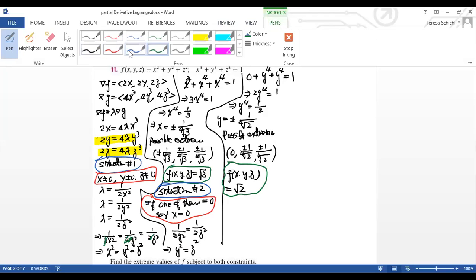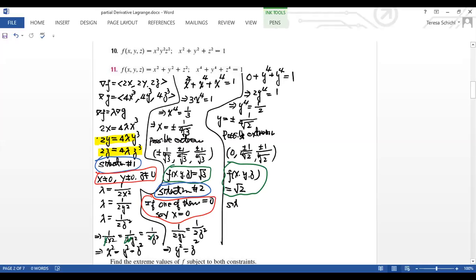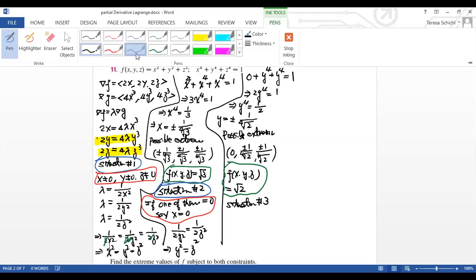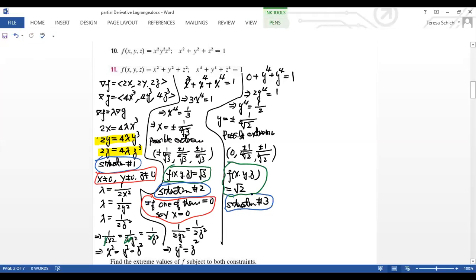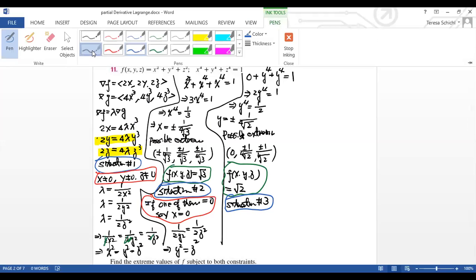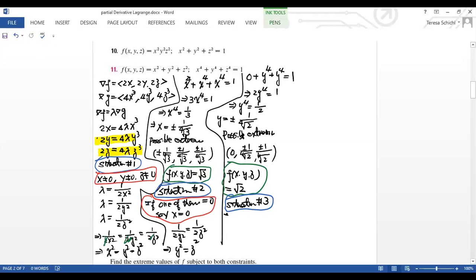Okay, so the last situation, right? Situation number 3 is here. I only have one. So that means how about two of them equal to 0? Let's say I will use y and z equal to 0, right? So y equal to 0, z equal to 0.